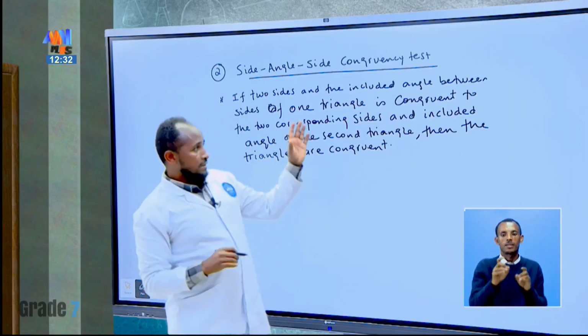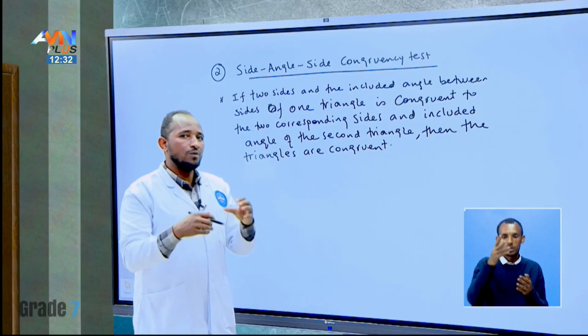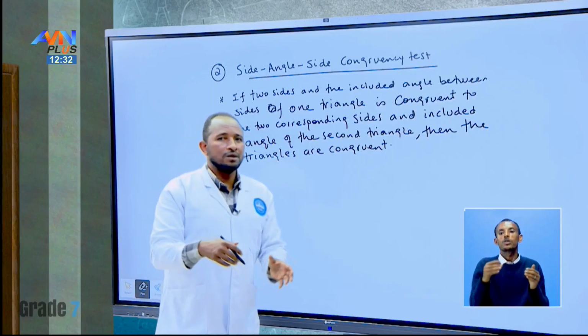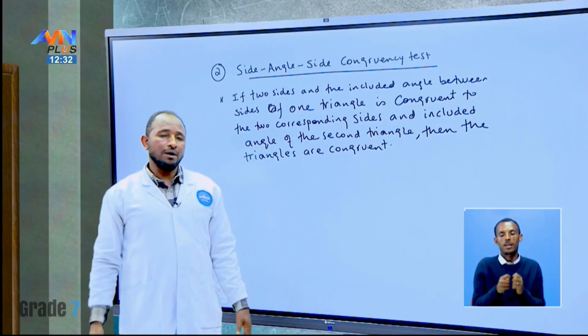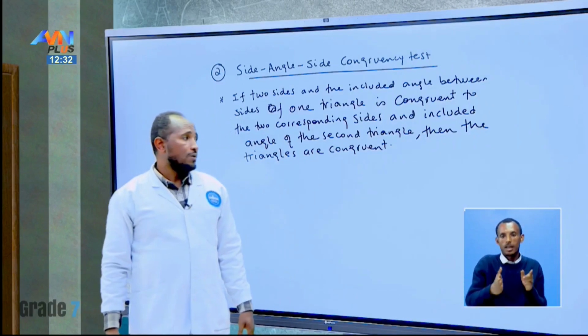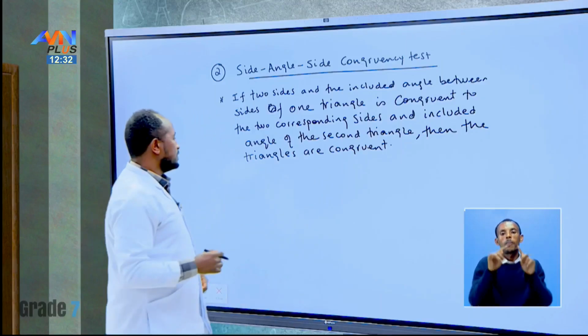Let me repeat the sentence again. Here it says, if the two sides and the included angle of one triangle are congruent to the two sides and the included angle of the other triangle, then the two triangles are congruent by the side angle side congruency test. So let's see this concept through a triangle.